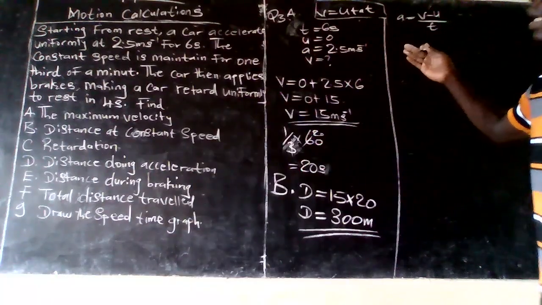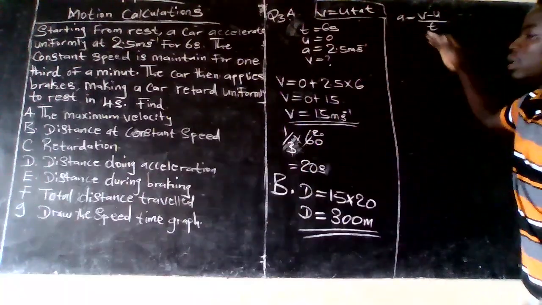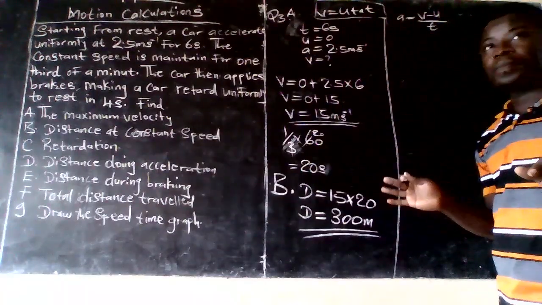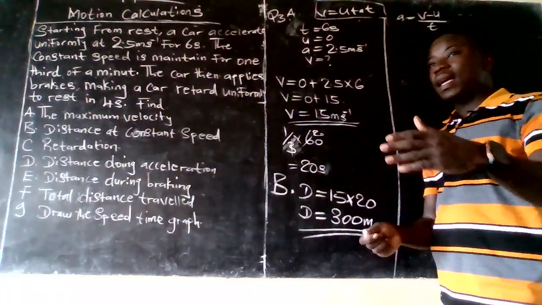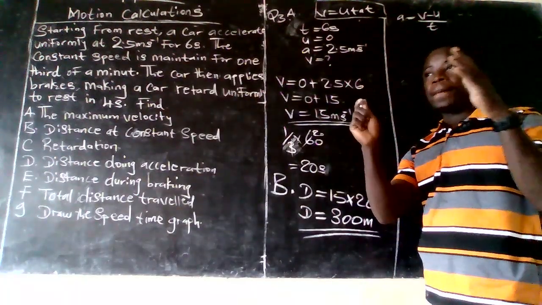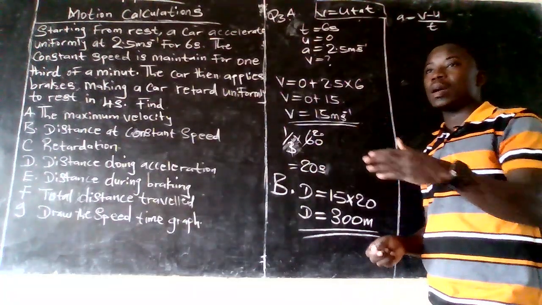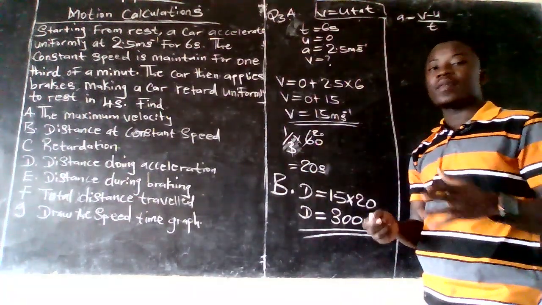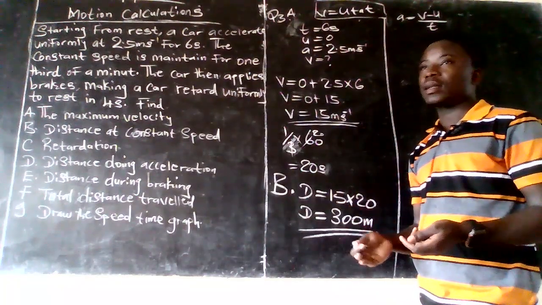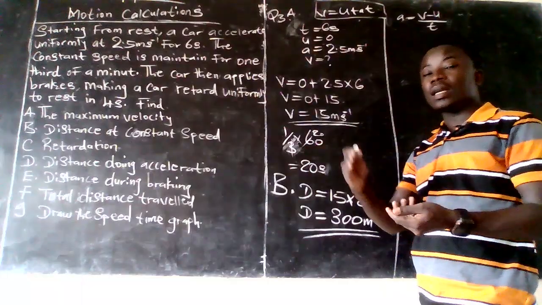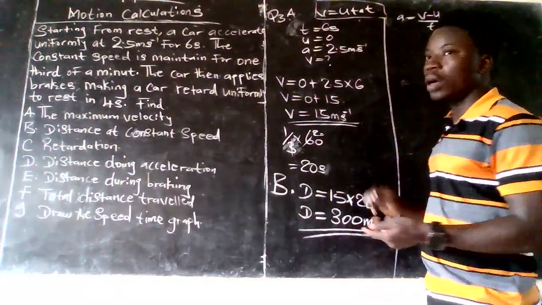Let me explain this part clearly. When the car starts from rest, the initial velocity equals 0, and when the car goes to rest, the final velocity is equal to 0. Because it applies a brake, the final velocity here is equal to 0.